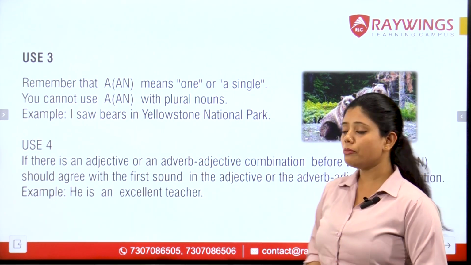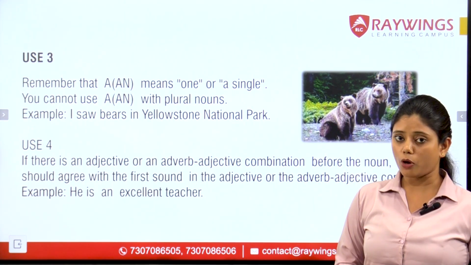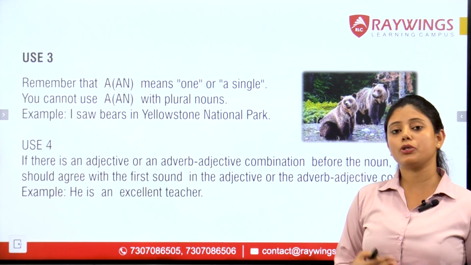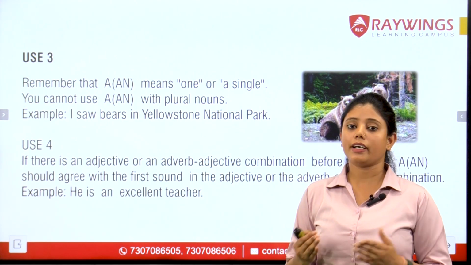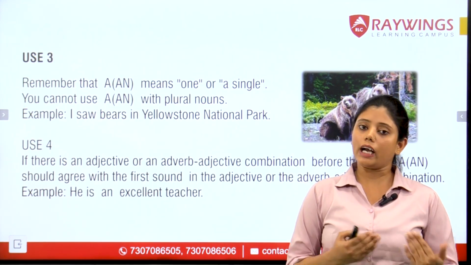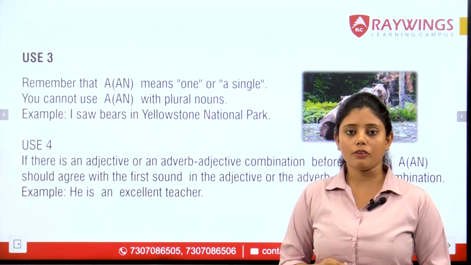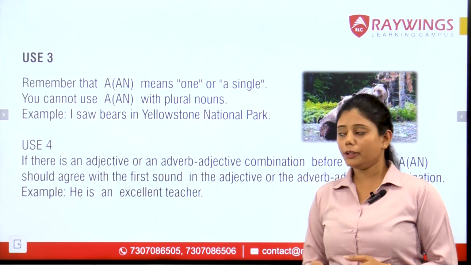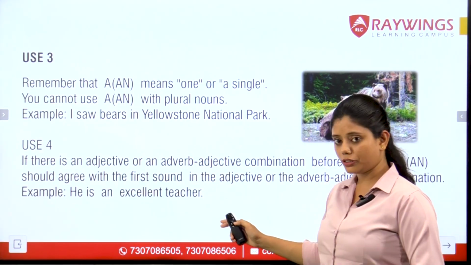Right? Rule number 4 says if there is an adjective or adverb combination, always remember to use the article before that adverb and adjective combination for that noun. Right? This is the same as we studied in the position of articles. Clear? For example, he is an excellent teacher.